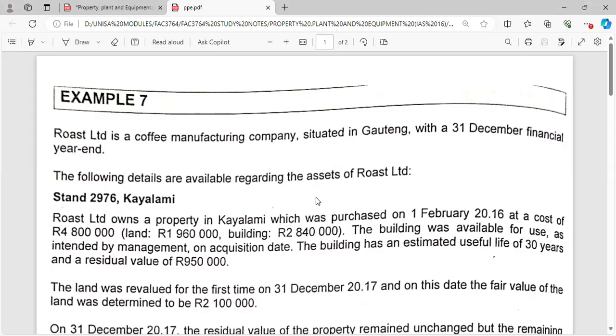No, they will tell you that there was an exchange of assets. The question will be straightforward. What is important for you is to be able to determine which figures to take based on that exchange. Remember, we have two criteria. One, the fair value can be readily determined, and two, the fair value is not there.